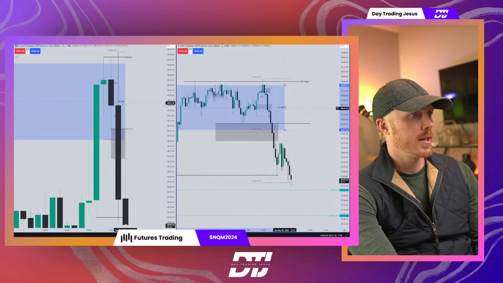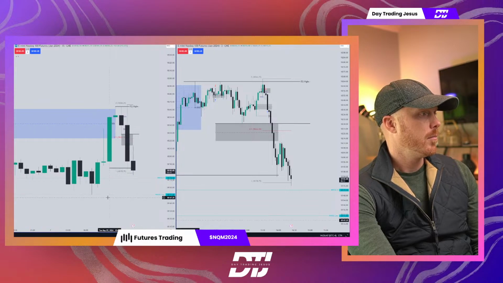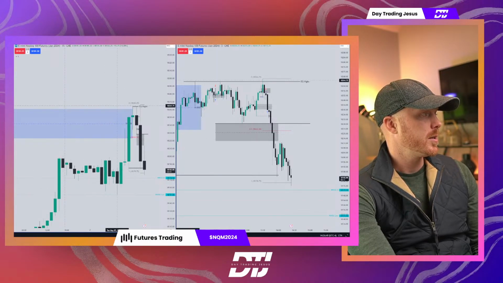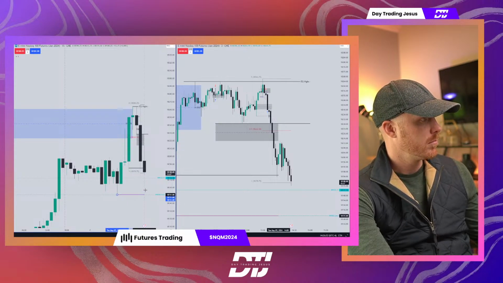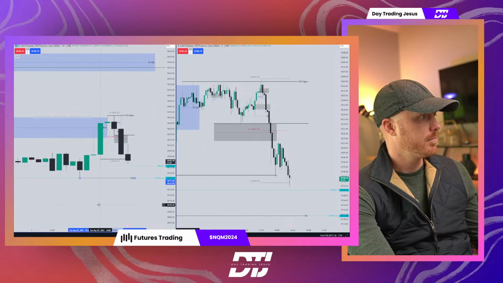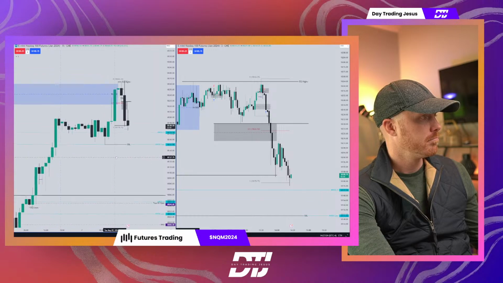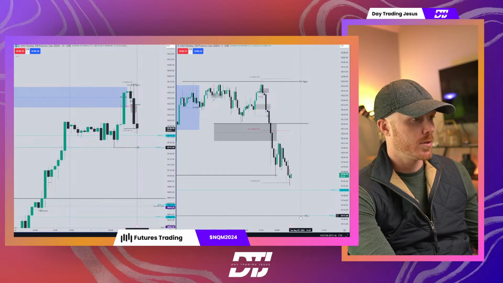It doesn't look like that's going to happen, but obviously it could. But we're targeting, we want to see price come and target these lows. That right there, my friends, I think is the target for the day. That's where I think price wants to go.